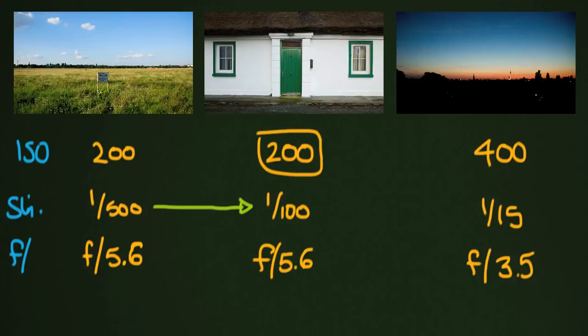We've got a smaller bucket, first of all, so it takes less time to fill that bucket. And now the water's running for even longer. We've got a 15th of a second, which is a lot more than a 100th of a second, and even more than a 500th of a second.